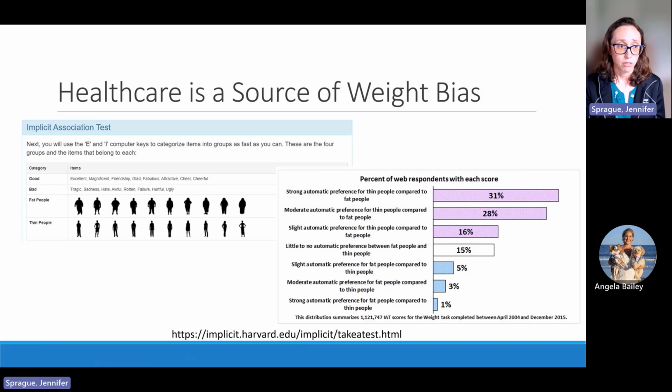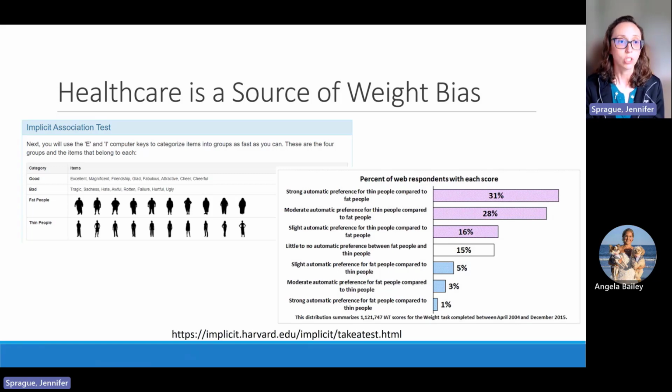This is a breakdown using the Harvard implicit bias test. This test is available free online, and this was comparing a preference for an association of good and bad words with thin, or I'm going to use the term fat here because that's how it's used in the implicit bias test, but we'll talk about not using that word later on.